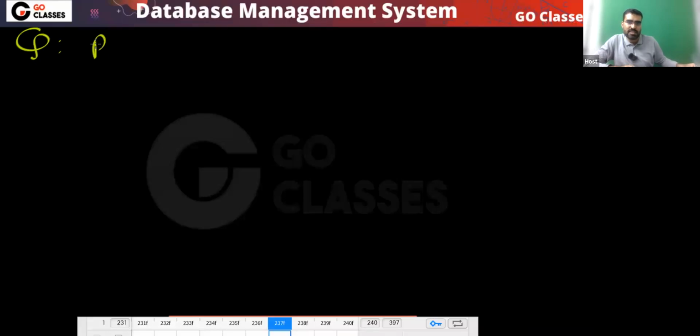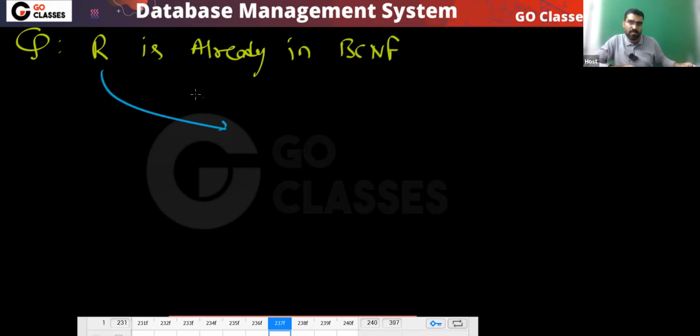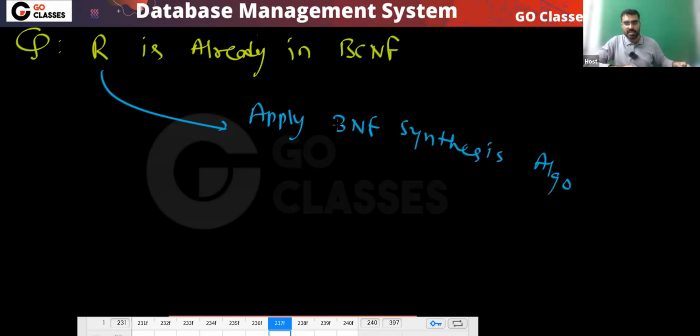If R is already in BCNF, and then let's assume you apply this 3NF synthesis algorithm, can it take you out of BCNF?